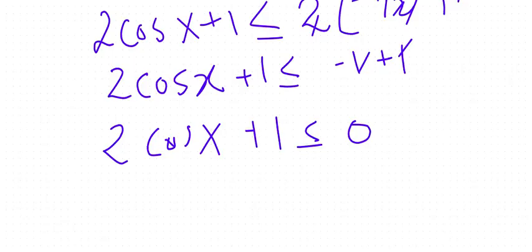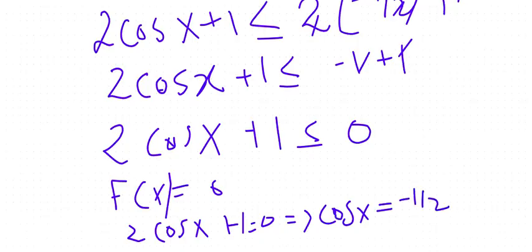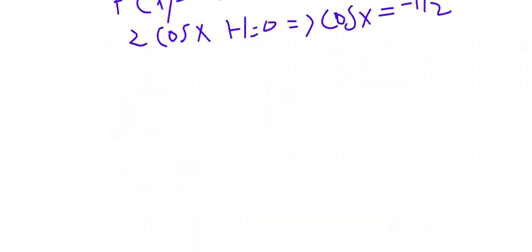So 2 cos x plus 1 equals to 0, which becomes cos x equals to minus 1 by 2. All right. So the reference angle is cos inverse of 1 by 2, which is 60 degrees. So cosine is negative in the second and third quadrant. So the solution is x is 120 degree.